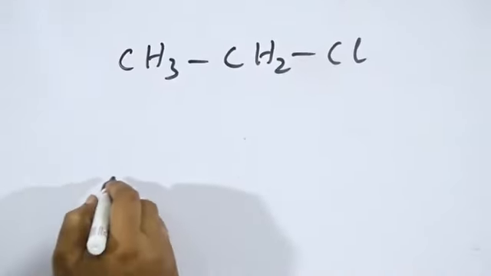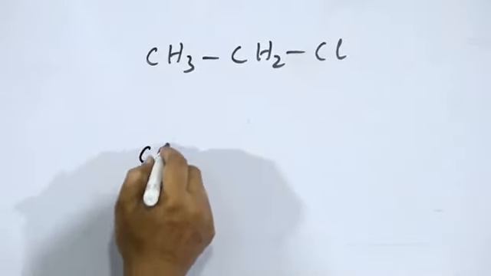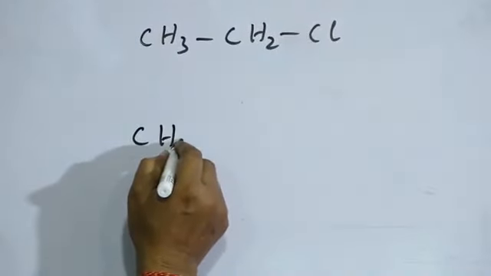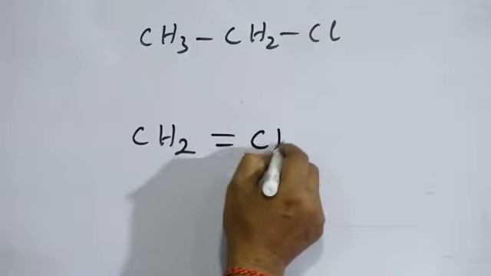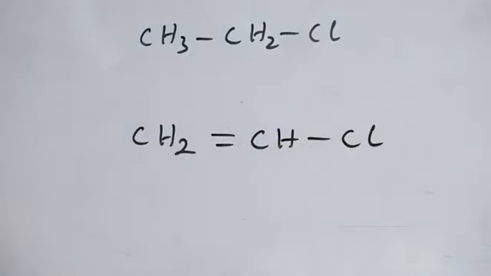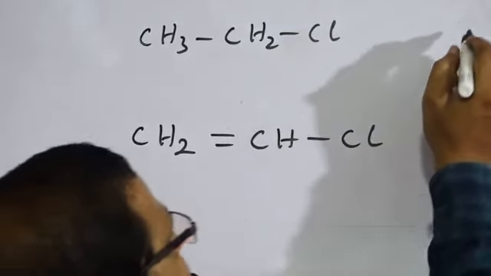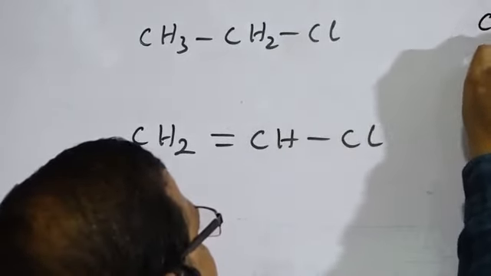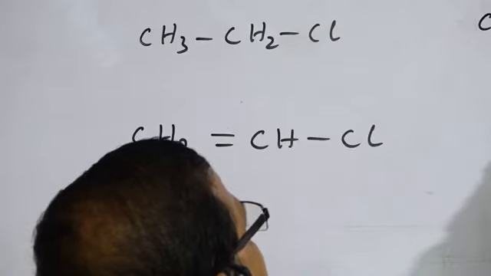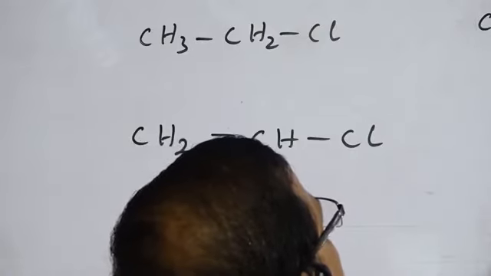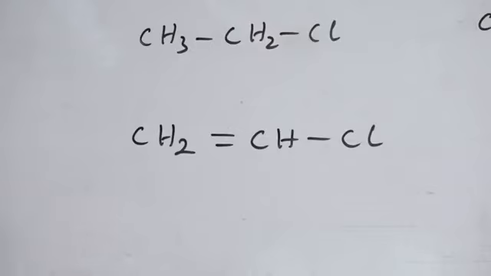Then vinyl, CH2=CH-Cl, vinyl. We can take allyl, CH2=CH-CH2Cl, that is allyl.